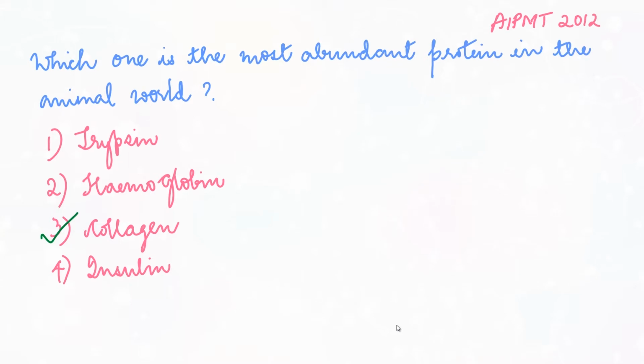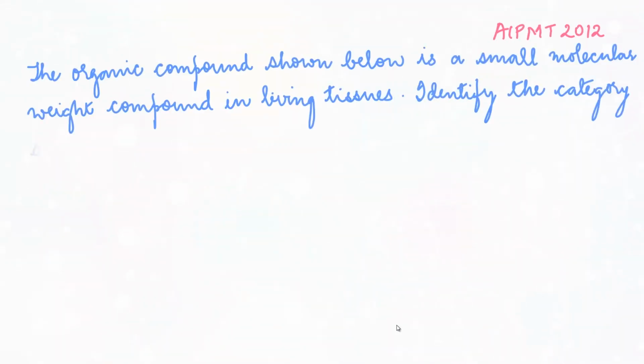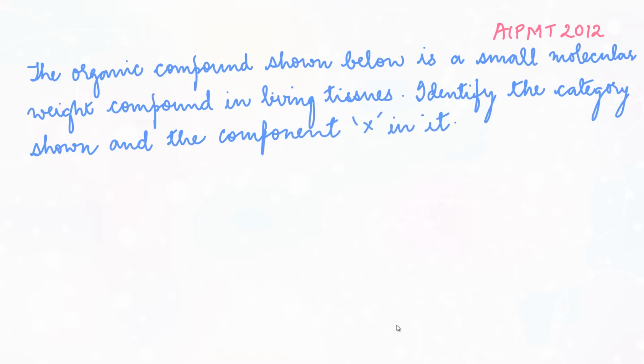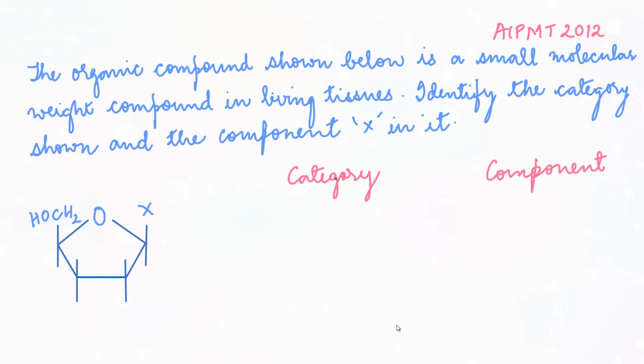Another question from AIPMT 2012. The organic compound shown below is a small molecular weight compound in living tissues. Identify the category shown and the component X in it. So there, that is the molecule that we have to identify, and we have to identify what X is. And the options are here.